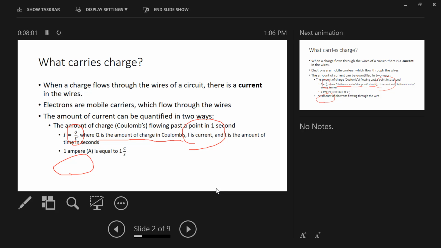So using our analogy of a garden hose, this would be the equivalent to saying, what is the volume of water that passes a particular point every second? Okay. That would be basically the equivalent of this, the amount of charge passing every second. Can we think of another way we could do it with our garden hose? What about the number of water molecules that pass a particular point every second?